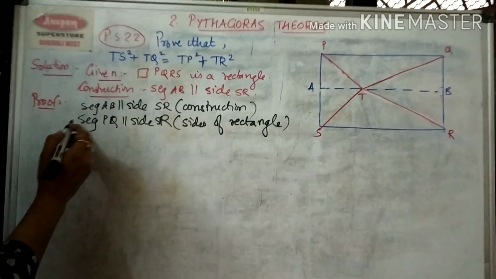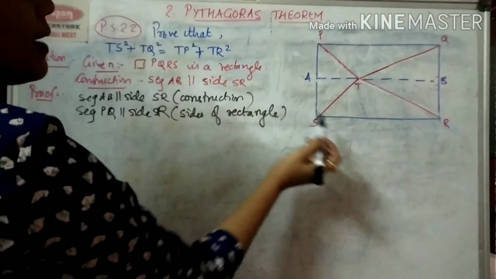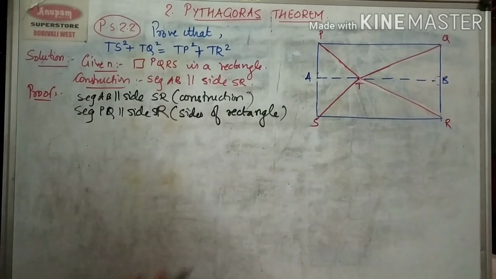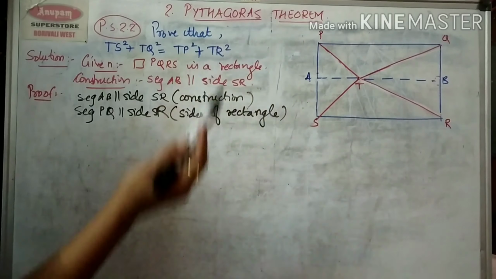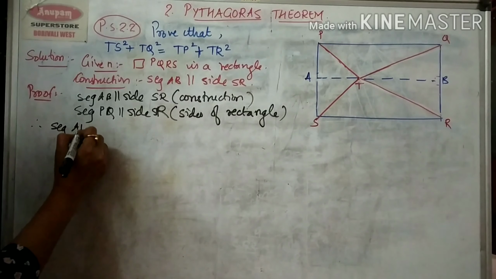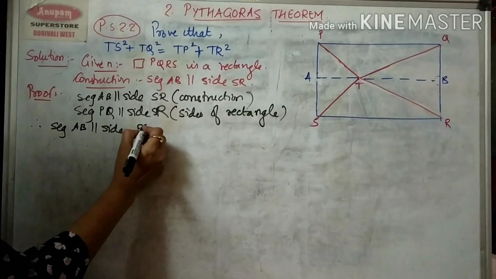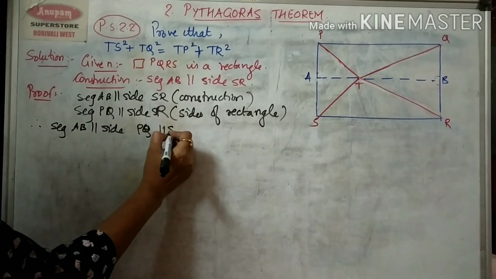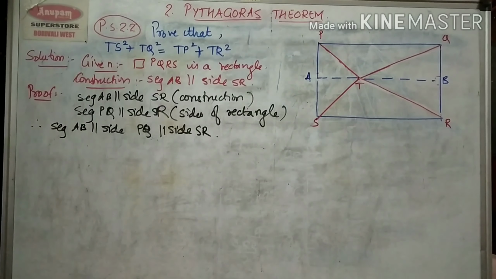So looking at this, AB is parallel to SR and PQ is also parallel to SR. So automatically I can say that if this is parallel to this and this is also parallel to this, these three lines are parallel to each other, and therefore I will say seg AB is parallel to side PQ and parallel to side SR. Okay, this will be our first part.